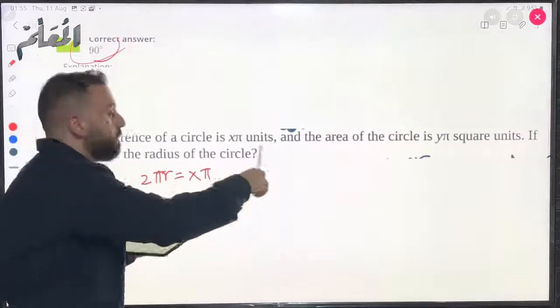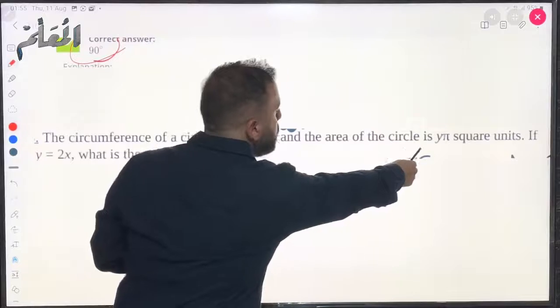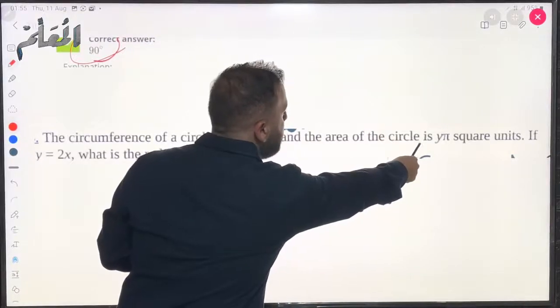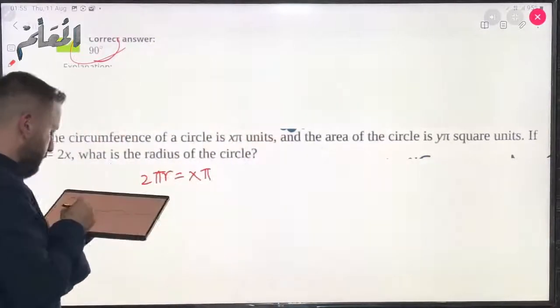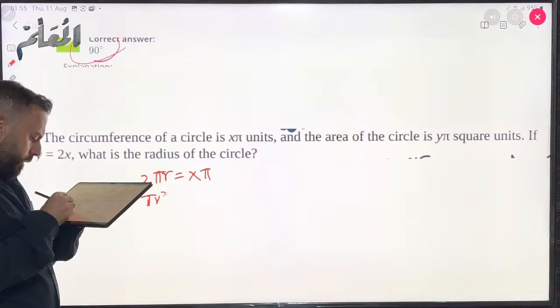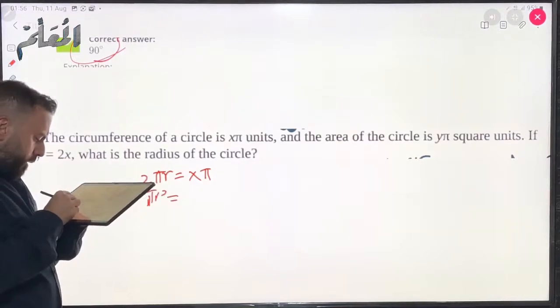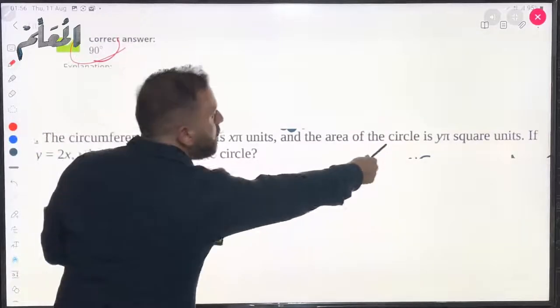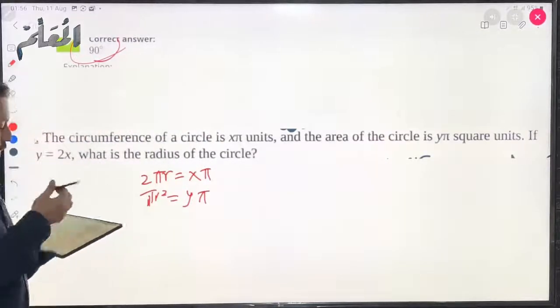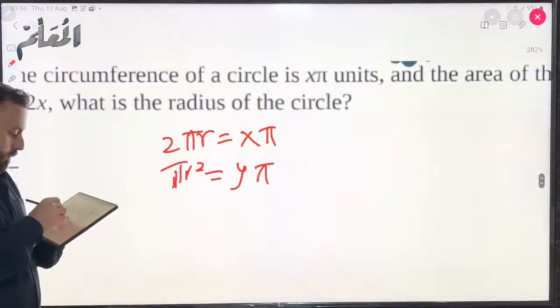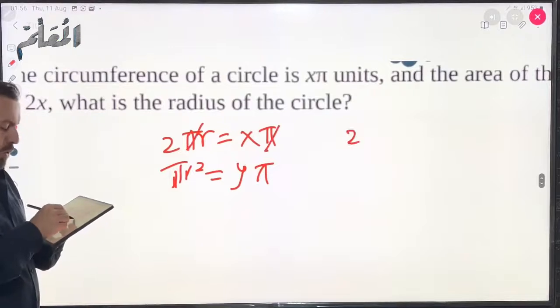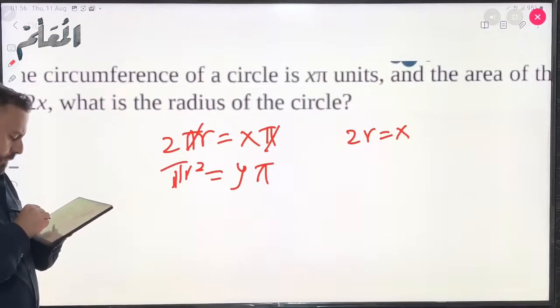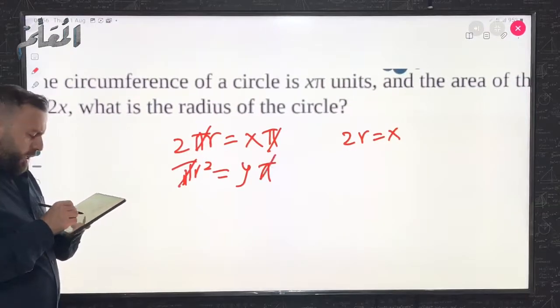And the area, pi r squared, is equal to y pi. So we have two equations. Pi cancels pi, so 2r is equal to x, and pi cancels pi, so y is equal to r squared.